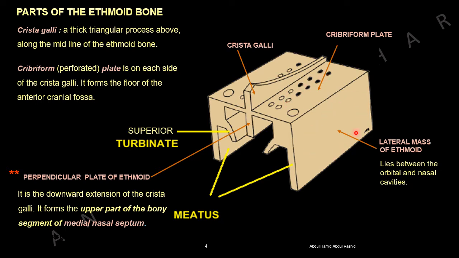This is the lateral mass of the ethmoid bone, which separates the orbital cavity on its lateral side and the nasal cavity on its medial side. This is the downward extension of the crista galli, called the perpendicular plate of the ethmoid bone. It is important because it will form the upper part of the bony segment of the medial nasal septum.